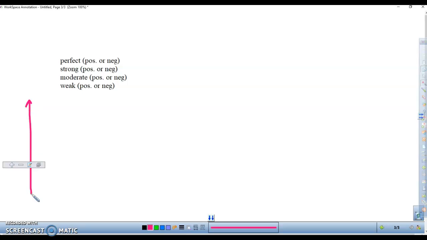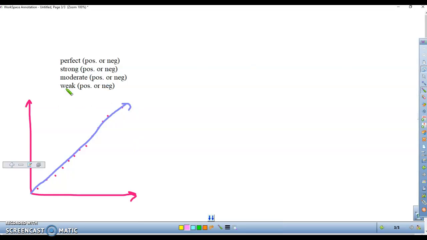So let's first take a look at perfect, and we'll do that in pink. Perfect correlation is the dots on my scatter plot are literally in a straight line. Or as straight of one as we could draw. Kind of like that.